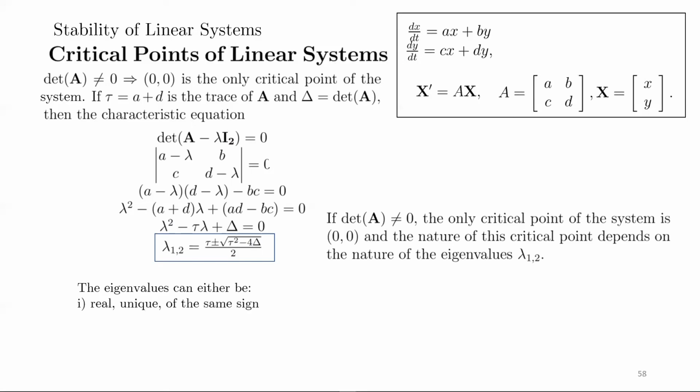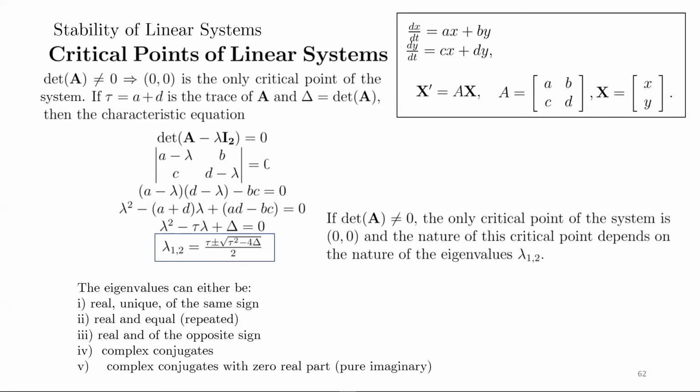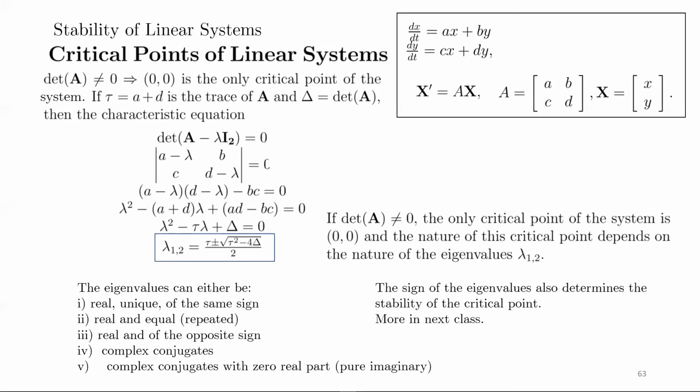The eigenvalues can be real, unique, and of the same sign; real and equal, so a repeated eigenvalue; or real and of opposite sign. We could have complex conjugate eigenvalues, and in a very specific case complex conjugate eigenvalues with 0 real part, in other words pure imaginary. Each of these 5 cases affects what kind of critical point we get and what the stability of that critical point is.